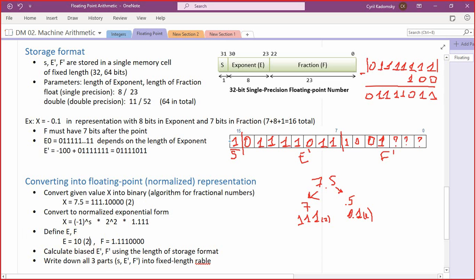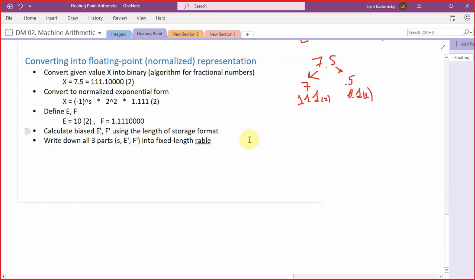I just put it here like this. And here also this number was already in binary, so I just mark it. These are the unbiased exponent and fraction. From those we should obtain the biased exponent and fraction.